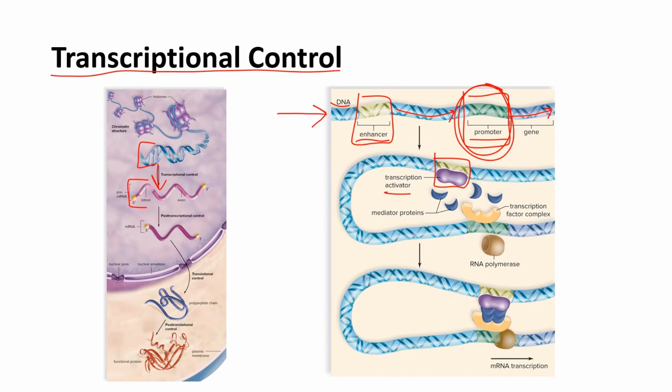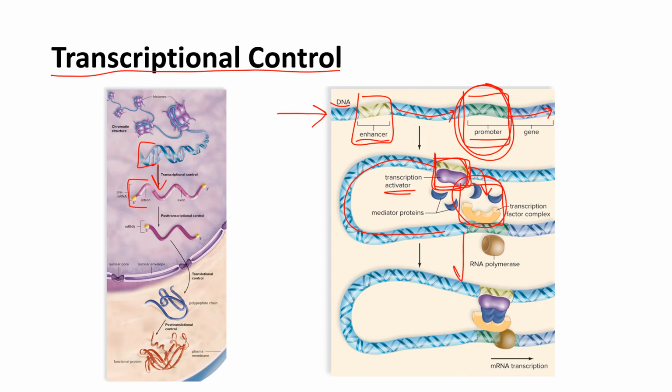And once that protein is bound to the enhancer, that causes the DNA to bend. Now that enhancer lines up with the promoter, and between the two you have a lot of proteins binding together to form the transcription complex.